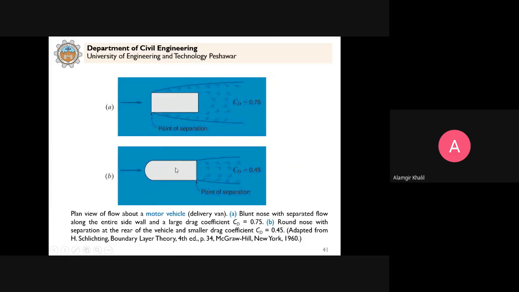Similarly, you can see in this diagram streamlining that we earlier discussed. You can see here that this is the top plane view for a motor vehicle delivery van. So just by making these edges round, you can see that the point of separation has been taken back. Clear? So that's why you see that the drag coefficient here is significantly reduced as compared to the drag coefficient here.